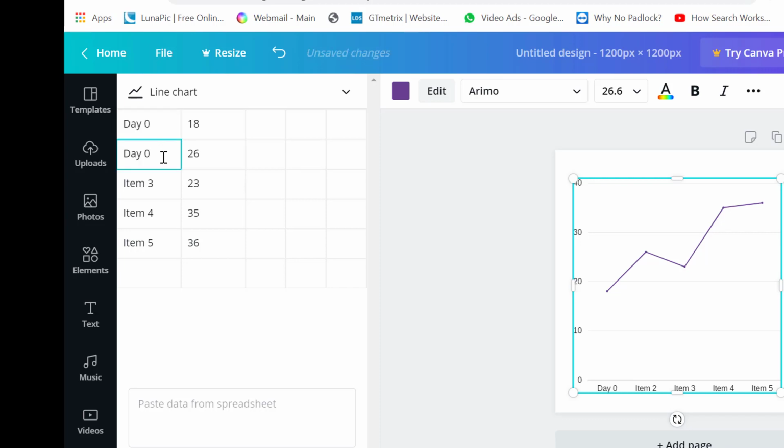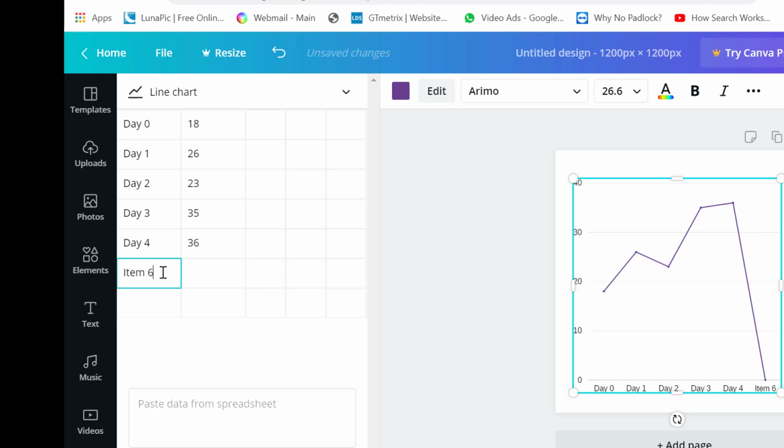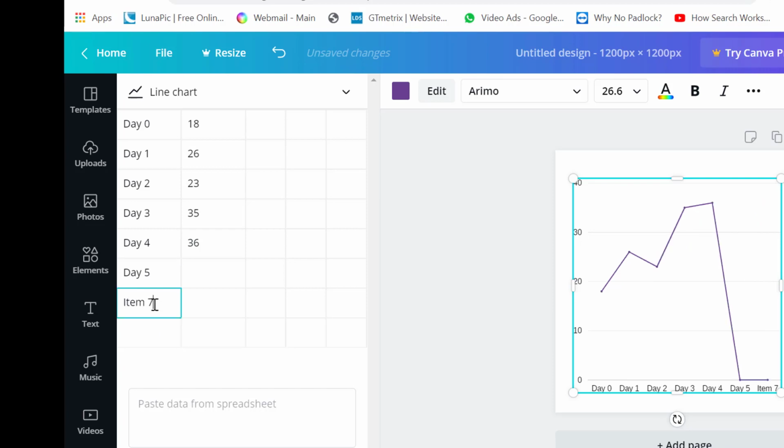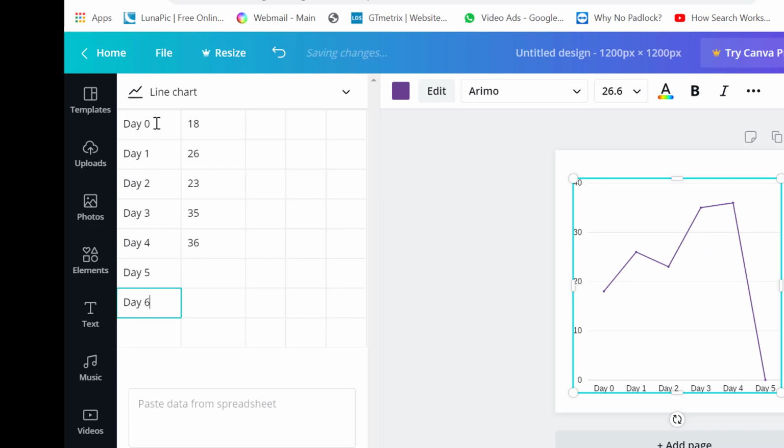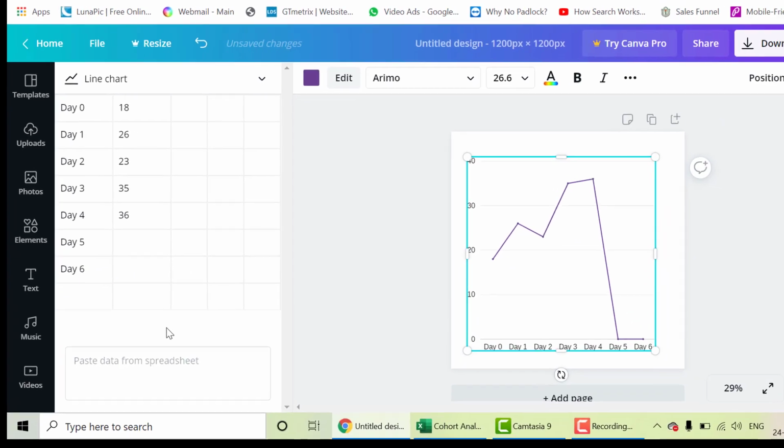Item 2 would be day 1, day 2, day 3, day 4, day 5, and the last one is day 6, because we are starting off with day 0, so we are ending up at day 6. Now let us plot the values.